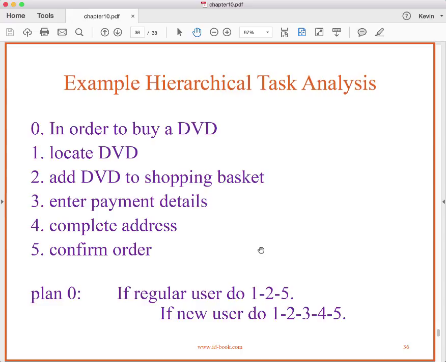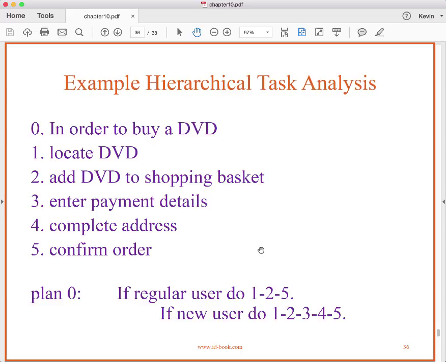DVDs are kind of aging technology now. But that aside, the overall task is 0, in order to buy a DVD, and then the next level down starts with 1 and goes through 5. Locate the DVD, add DVD to shopping basket, enter payment details, complete address, confirm order.